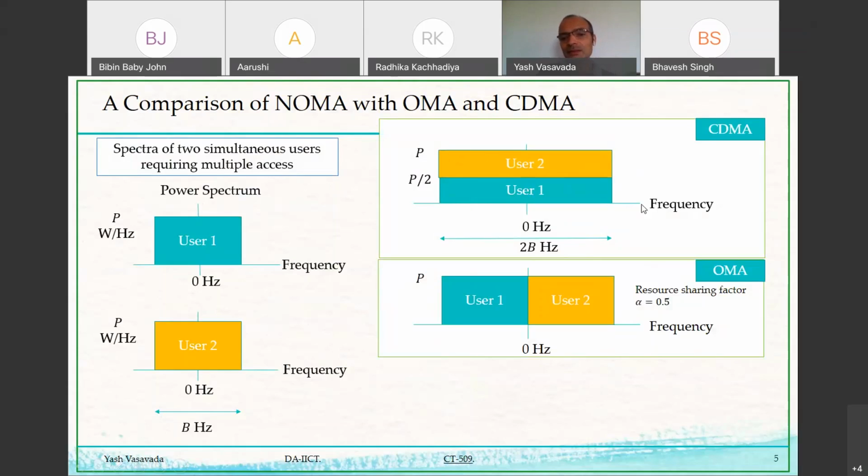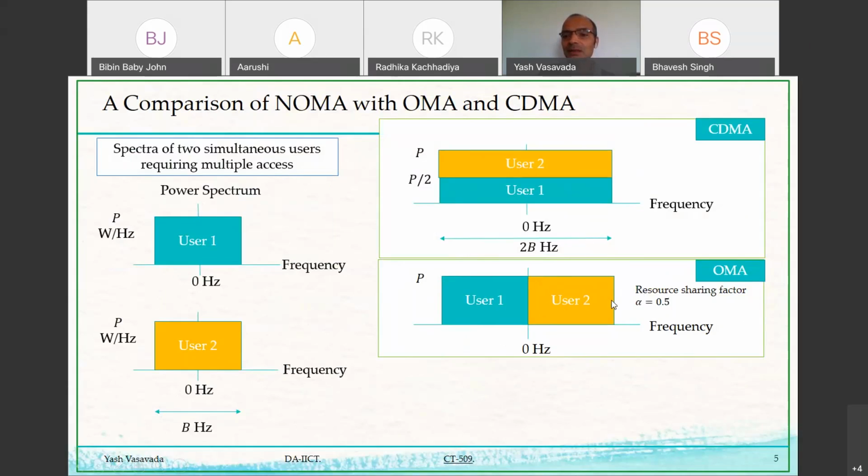In OMA, the signals are not expanded in bandwidth, but they are still made orthogonal, meaning that they occupy two different parts of the overall bandwidth. The overall bandwidth still remains 2B hertz, 2 times the individual bandwidth. But user 1 occupies one part of that spectrum, user 2 occupies the other part.